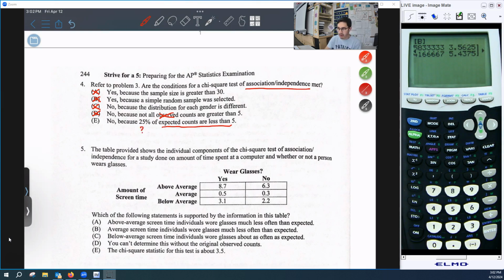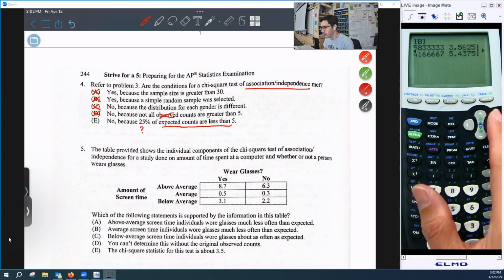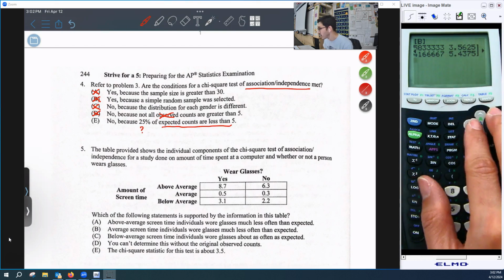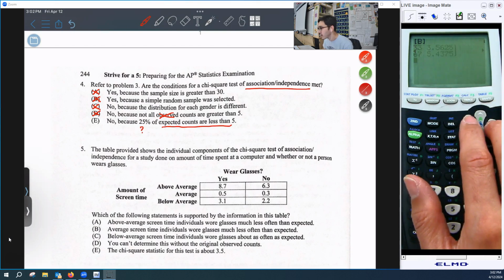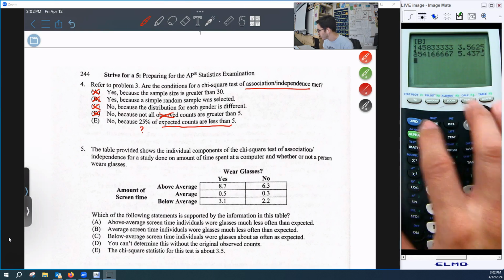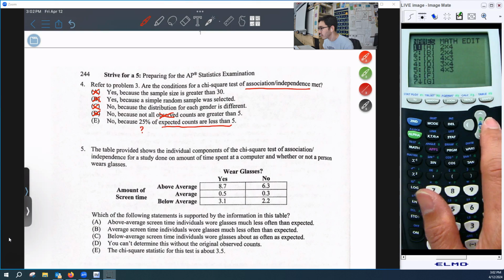Okay, I don't know if it was 25% of them or not. 25% of 8 would be 2, right? So I see there's 1 there. And I don't understand how this thing is scrolling, but let's try this instead.